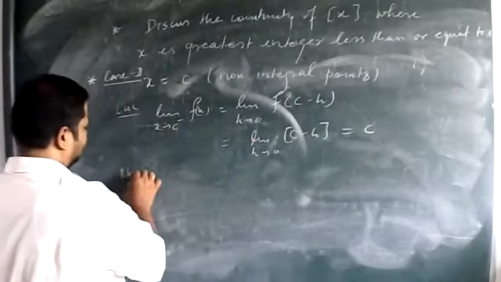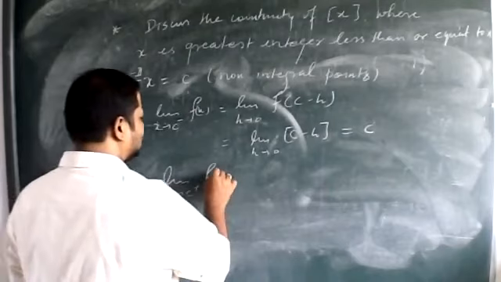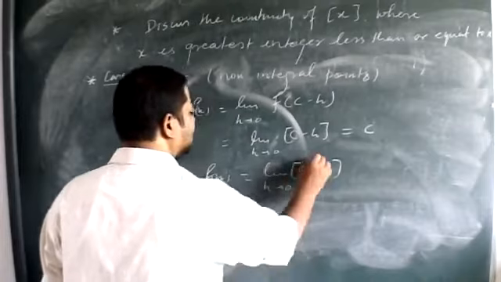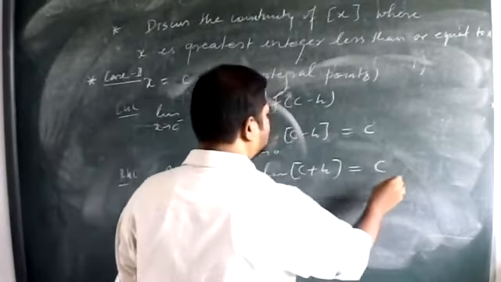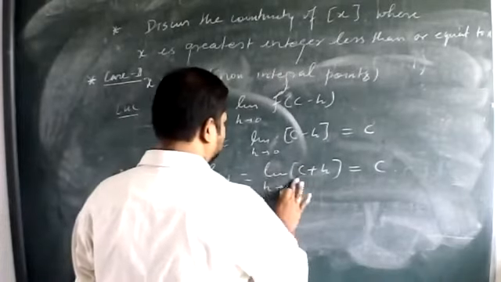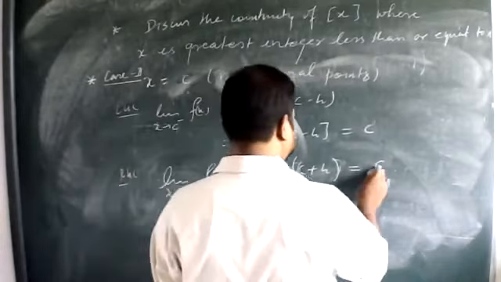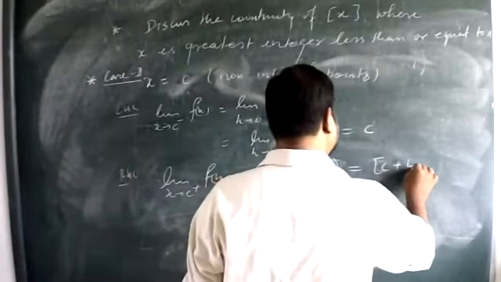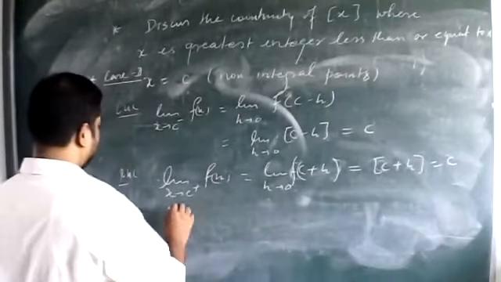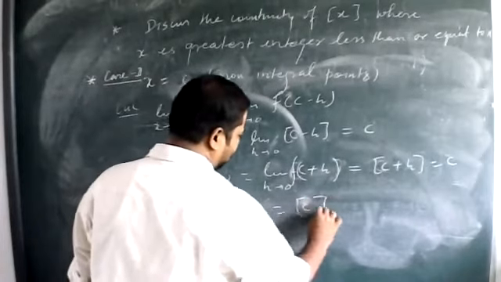सिमिलरली RHL, limit x tends to c plus, f(x), limit of h tends to 0, c plus h. Okay, this is also bracket c. Okay, f of c plus h, so this is within bracket c plus h, and this is again bracket c. Okay, and also the value of function, that is f(c), this is also bracket c.